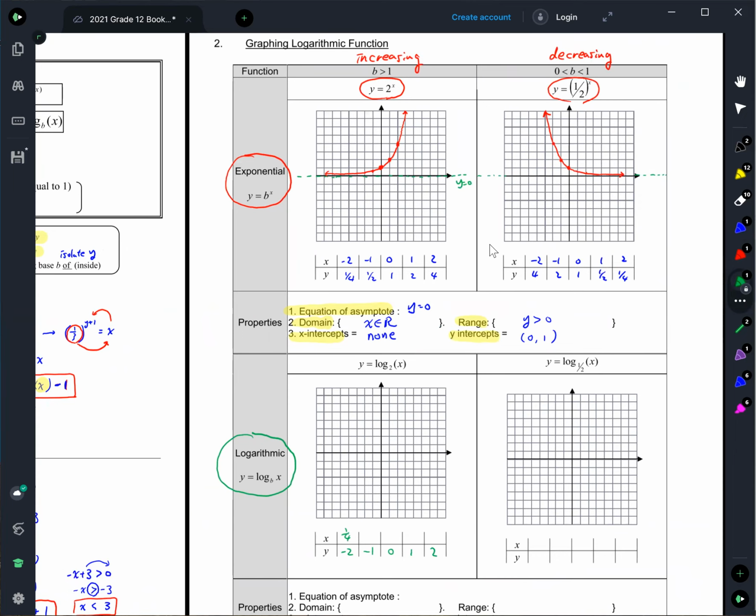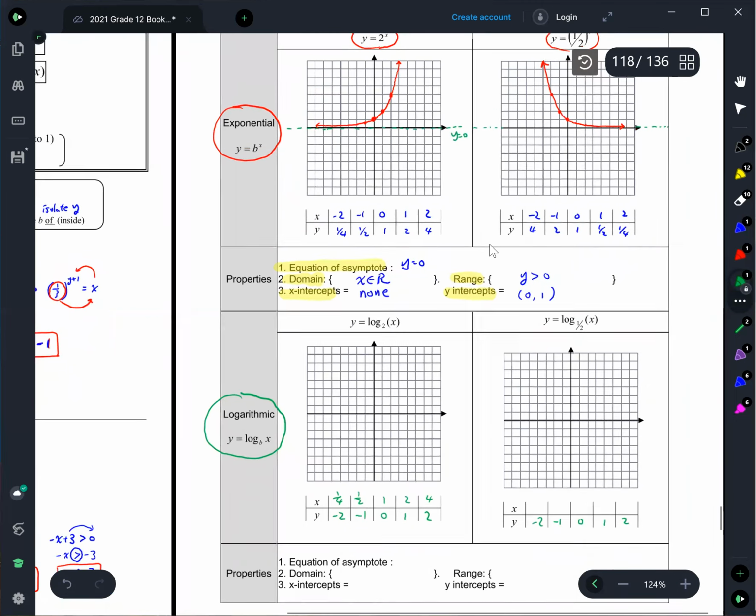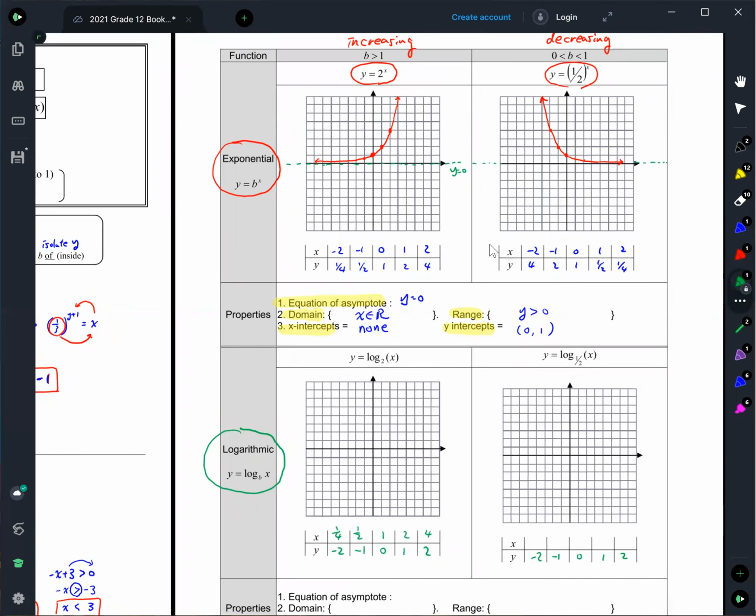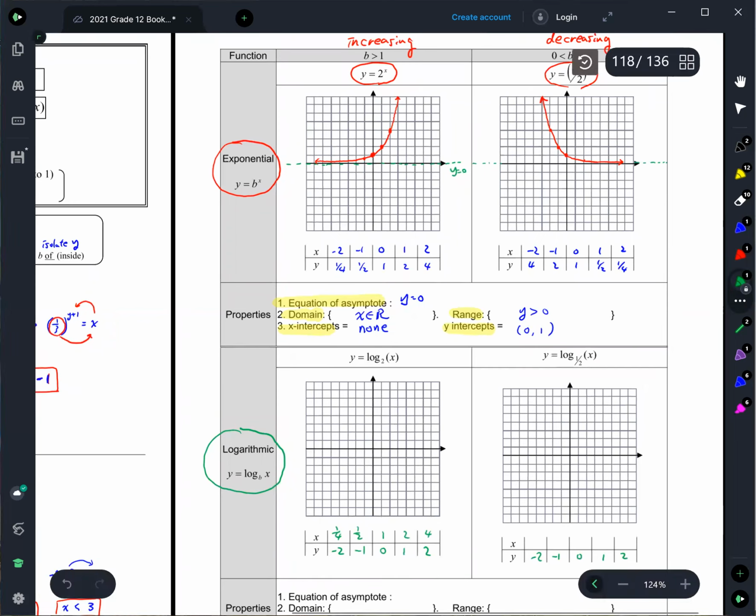Okay, so I will let you fill in the rest of the table, okay? X and y are flipped. So y will be 1/2, right? And then 1, and then 2 and 4, okay? So use the new table, you can graph the inverse function. So please do both, okay?